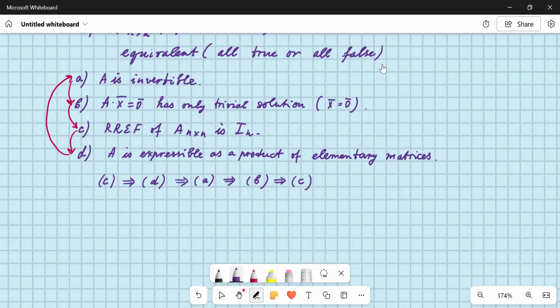The reduced row echelon form of A, an N by N matrix, is the identity matrix. We already had this theorem, the proof from C to D just before, right? Let's show C to D. If the reduced row echelon form of A is I_n, means that we can express it as a product of elementary matrices.